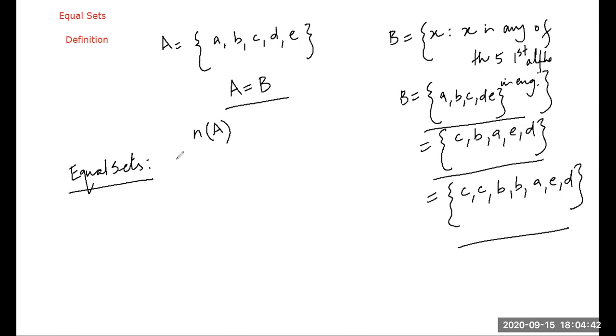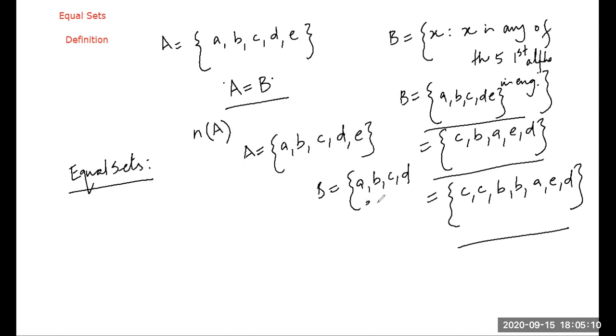I can define two sets are said to be equal if the elements in A are the same as the elements in B, but saying that only will not suffice. Why? Because let's say A has elements A, B, C, D, E, and let's say B has elements A, B, C, D, E, F, G. So if I say all the elements in A are also the elements in B, this is correct.